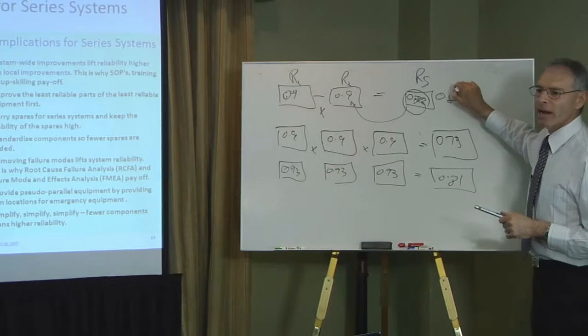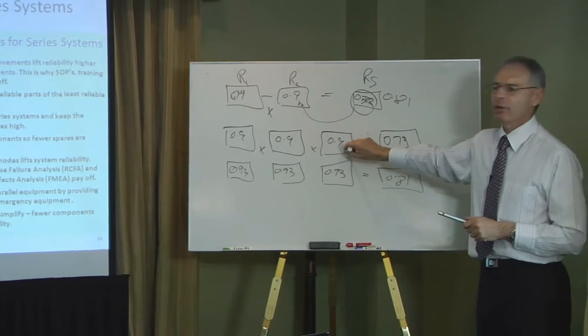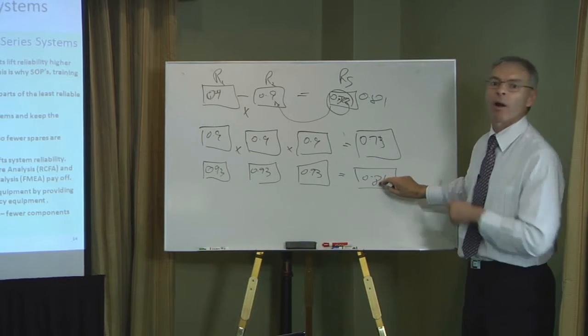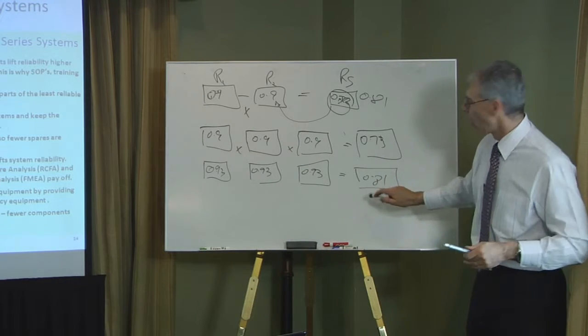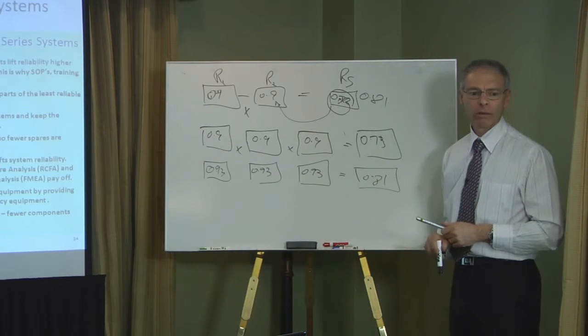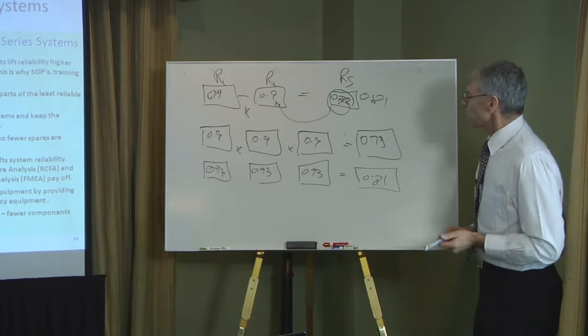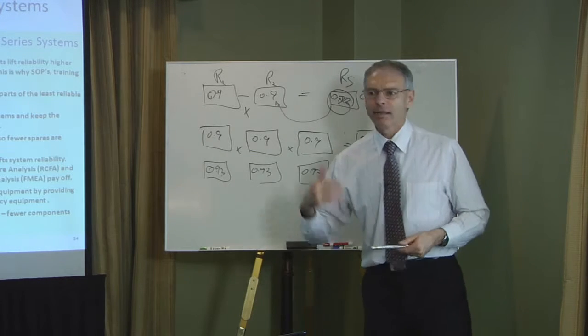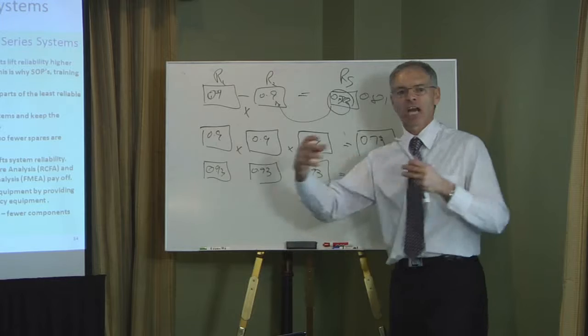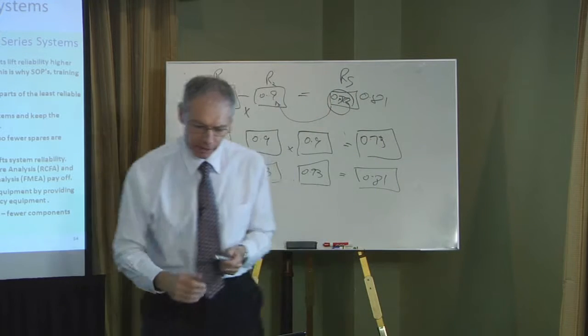So I was at 0.81, I added something into the system, it dropped reliability. Now to get back to 0.81 where I wanted to be in the first place, I've got to lift all of these as well. So yes, I don't want to be adding things in. If I add things in, the chain gets longer with more links, and of course they're going to fail.